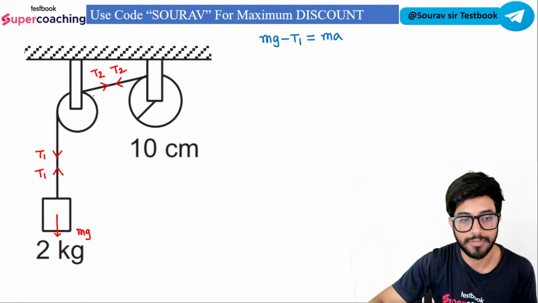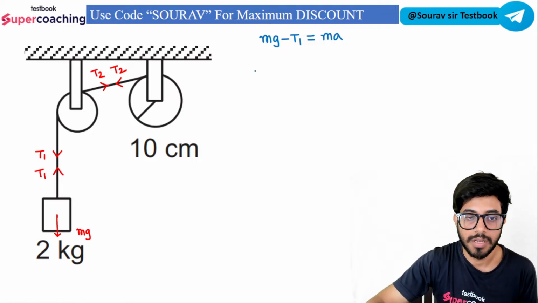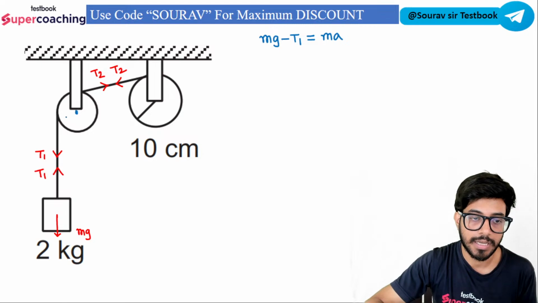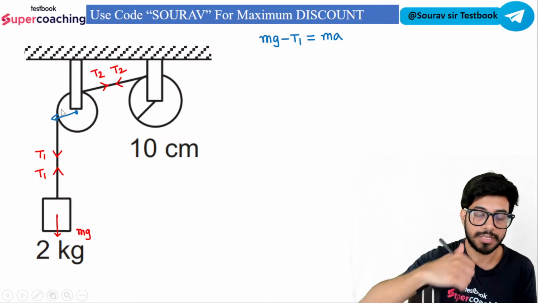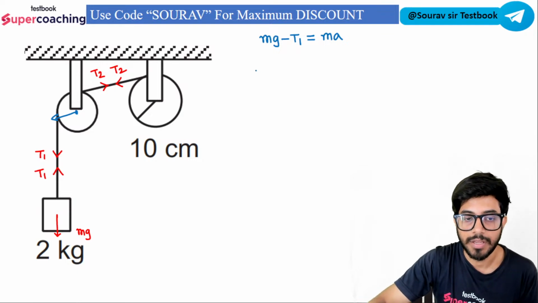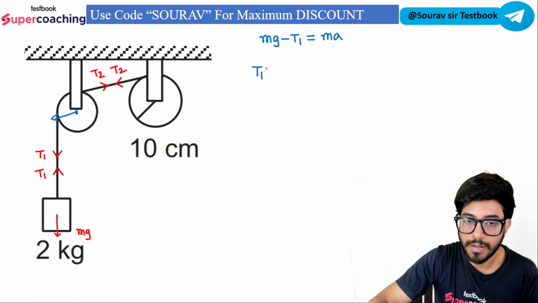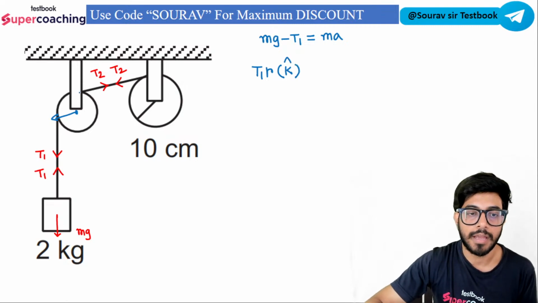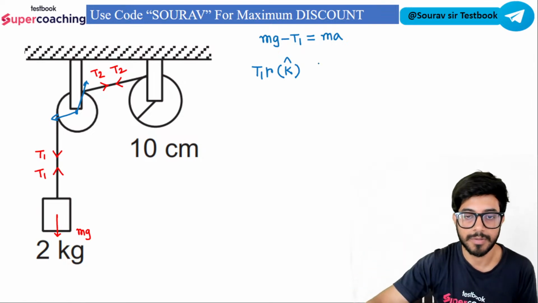So for this pulley, if you ask me to write it down, I know that in this case the r should be along this direction and this is your T1, so r cross T is upward, so positive k cap. So T1 r k cap, and here r is along this direction, so r cross F is downward, so minus k cap.